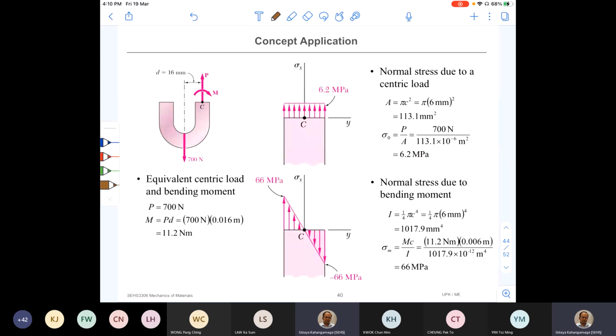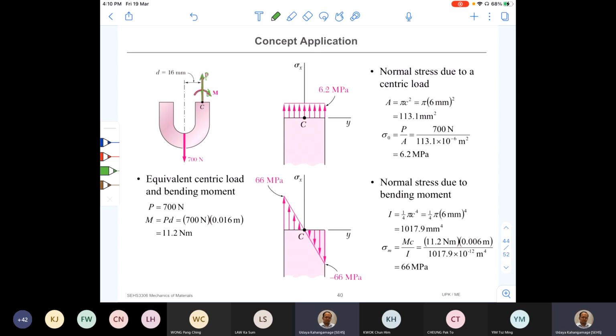So first I cut the member at one location, at point C, and open it up, and I can see the internal forces. The first internal force is going to be P, which is in the opposite direction to the externally applied force, and that will create a couple.